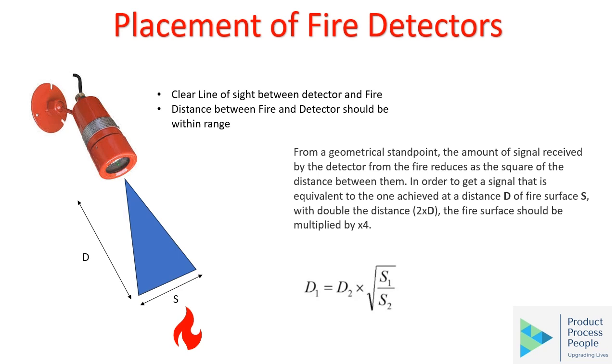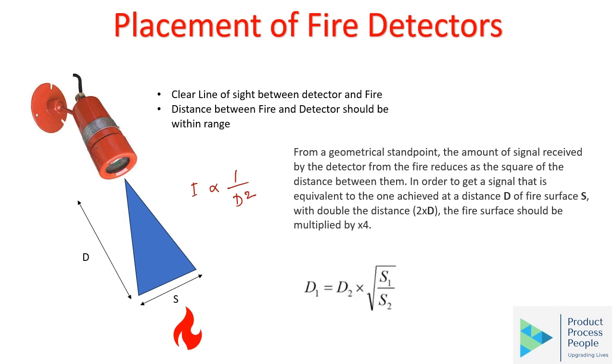From a geometrical standpoint, the amount of signal received by a detector from the fire reduces as the square of the distance between them, right? So the intensity of the fire that is received by a detector is inversely proportional to the square of the distance.